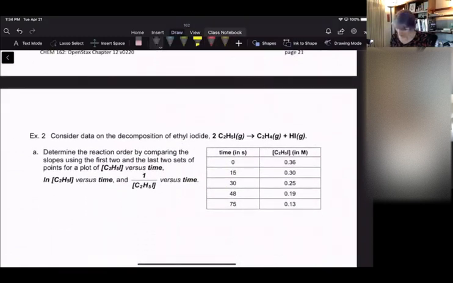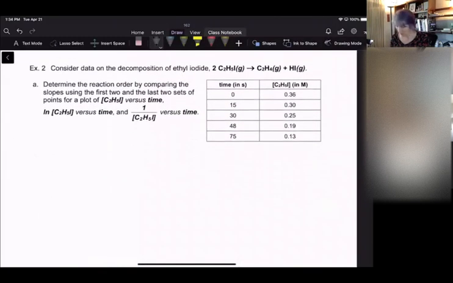Okay, here's another problem. So you have a lot of different ways to consider this problem. So go ahead and take some time to work that one out. All right, so what's the first step?